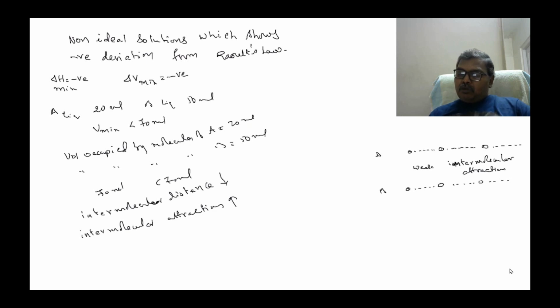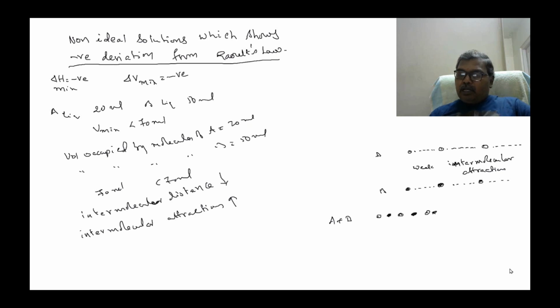Now, if these two are mixed together, then intermolecular attractions increase. So in A intermolecular attractions are weak, in B weak, but in A and B mixed together, intermolecular attractions became strong. Such solutions exhibit negative deviation from Raoult's law.